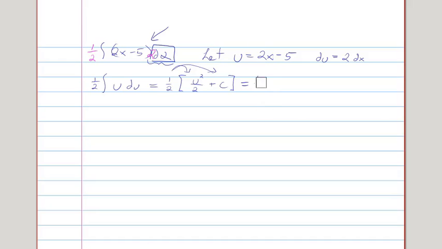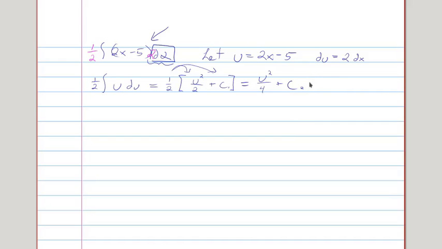So that's going to give me u squared over 4 plus, and this is the interesting thing that's going to come up a lot in Calc 2, when we multiply 1/2 times our constant, we still have a constant. So I'm just going to call that plus c still. Technically you might call this C1 and C2, but we really don't care. We just need to know that there's a plus a constant at the end.